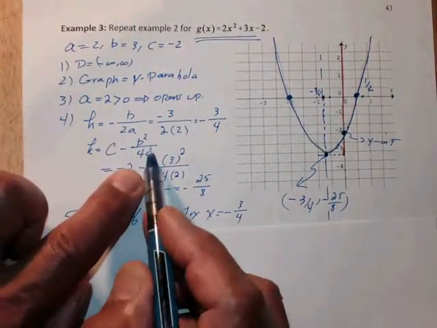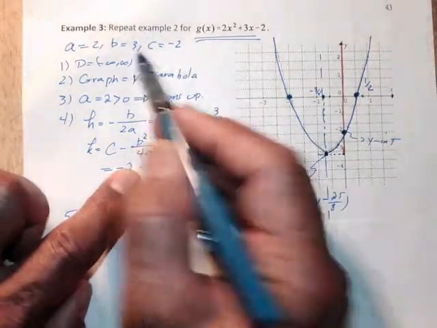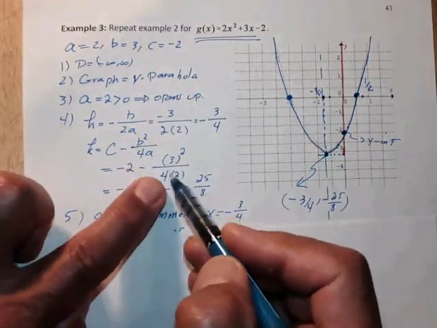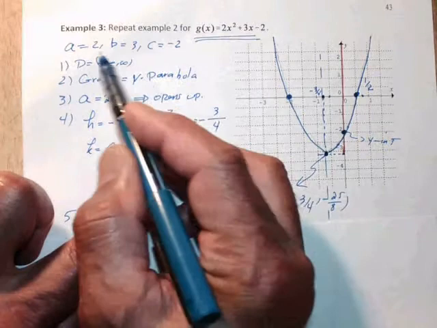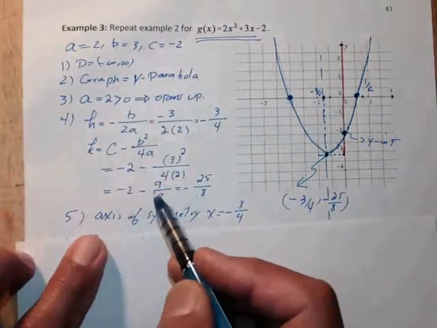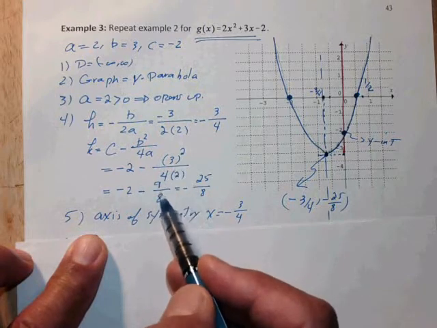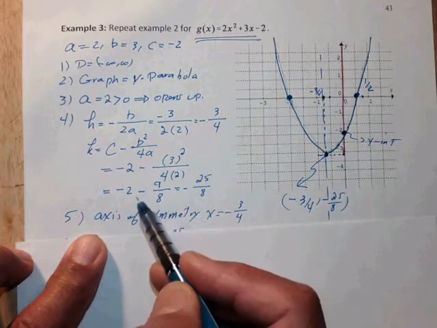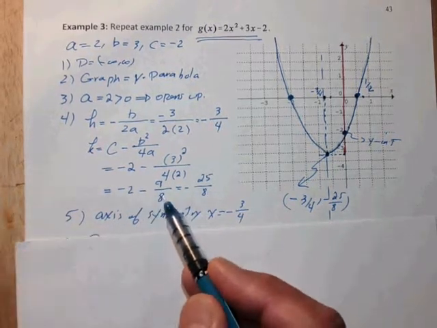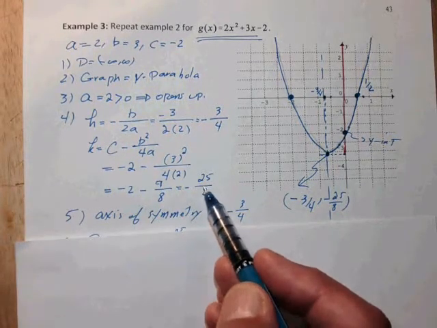Minus b squared, b is 3, so you get 3 squared over 4a. a is 2, so you get 4 times 2. So you get negative 2 minus 9 over 8, which is negative 25 over 8.